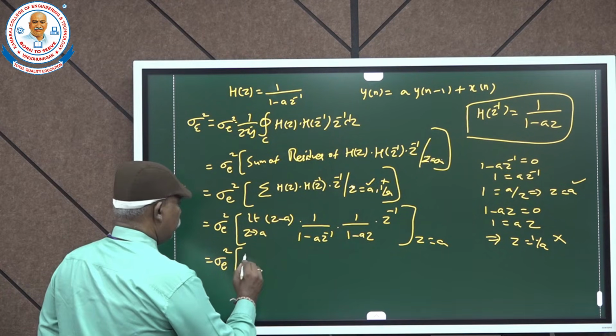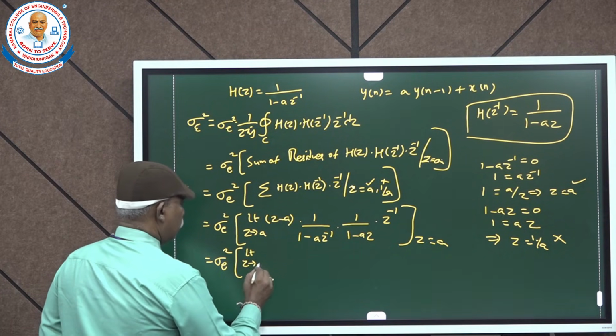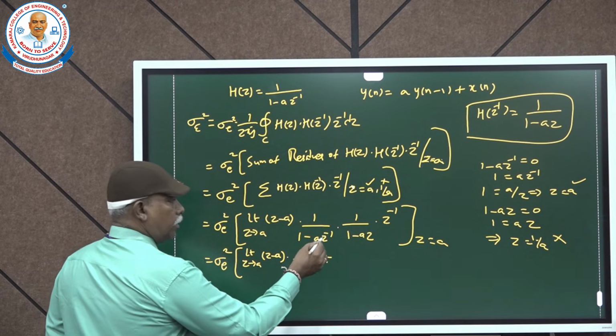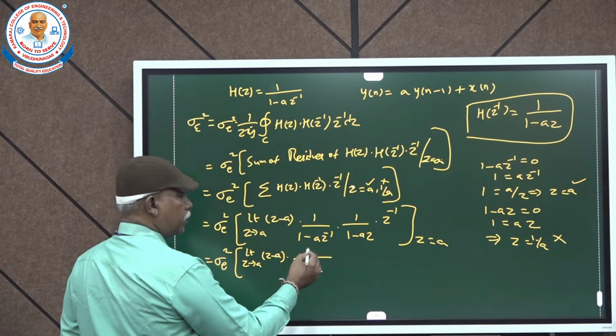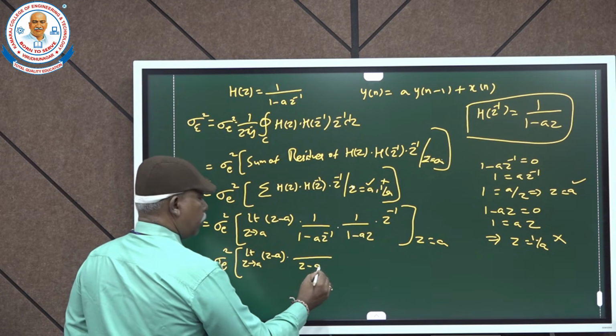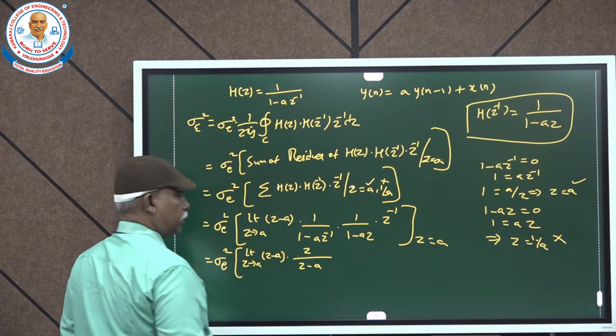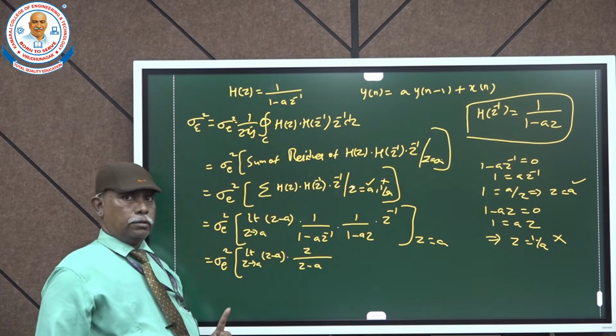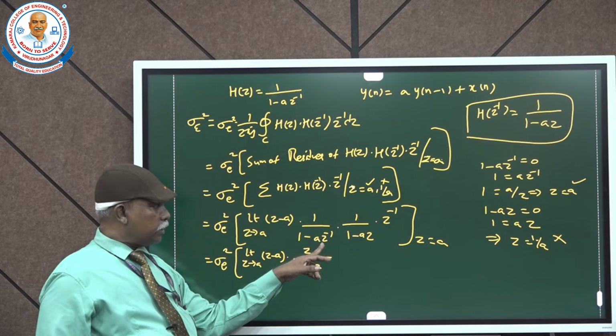Now, you see that z inverse means 1 by z. So, 1 minus a by z, and taking the LCM, z minus a by z. So z minus a goes to the denominator and z goes to the numerator: z by z minus a. You understand that? I substituted 1 by z instead of z inverse.